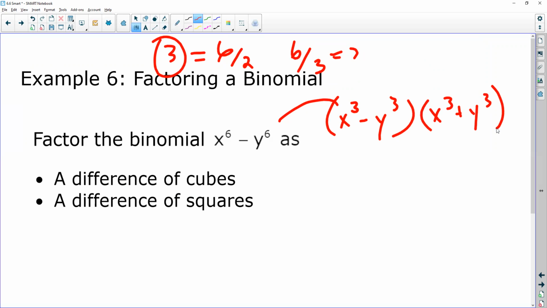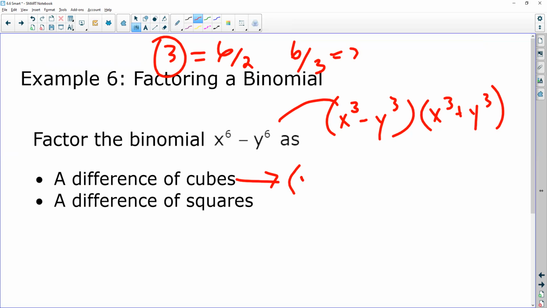And then this is also like a difference of cubes. We could keep going, right? That's a difference of squares. So this guy is still a difference of cubes. So then let's try this as a difference of cubes. What I would do is divide by 3 instead of 2.